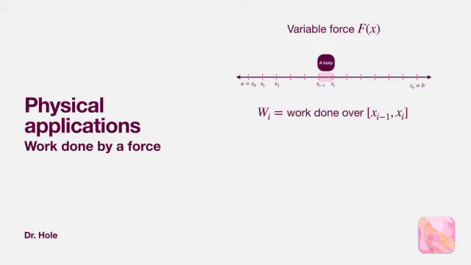Let Wi represent the work done over this subinterval. Then we can approximate Wi with the force at an arbitrary point in this subinterval times the distance. So in other words, constant force times distance. Good.